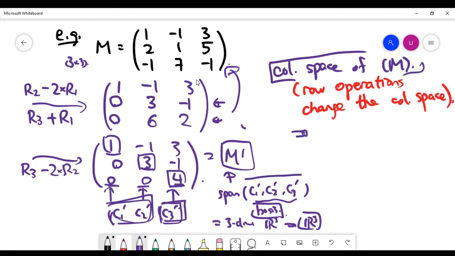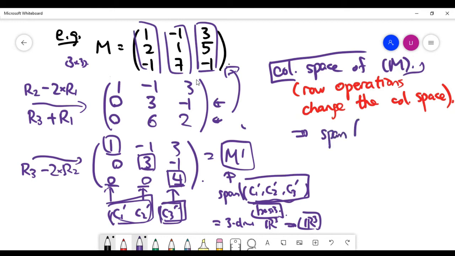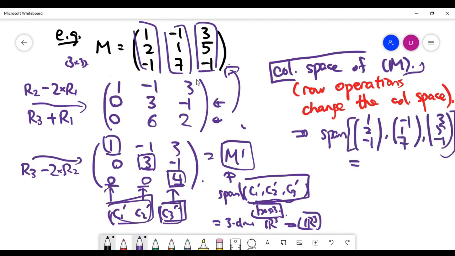Because we know that all the column vectors of M prime are of different directions, and all the vectors give a new dimension, it means I can use the original three columns to span the column space of M. Basically, I write the column space as the span of the three vectors like this. And we automatically understand that it must be a three-dimensional space, which means it must be R3.